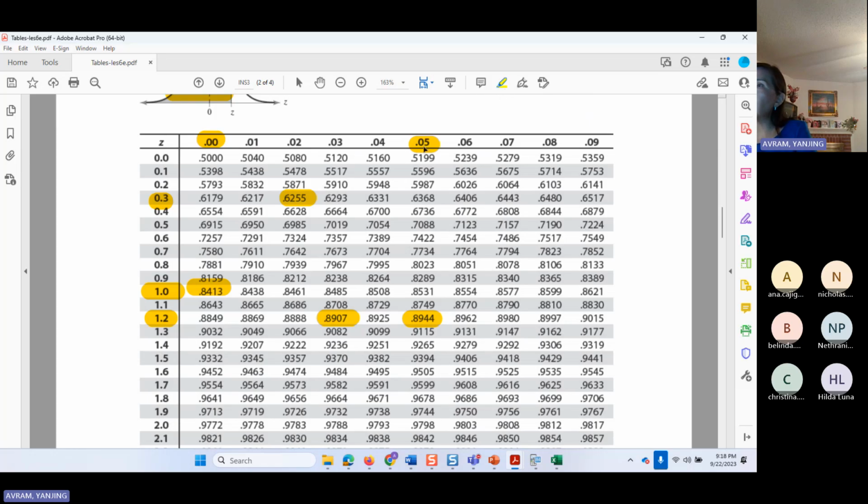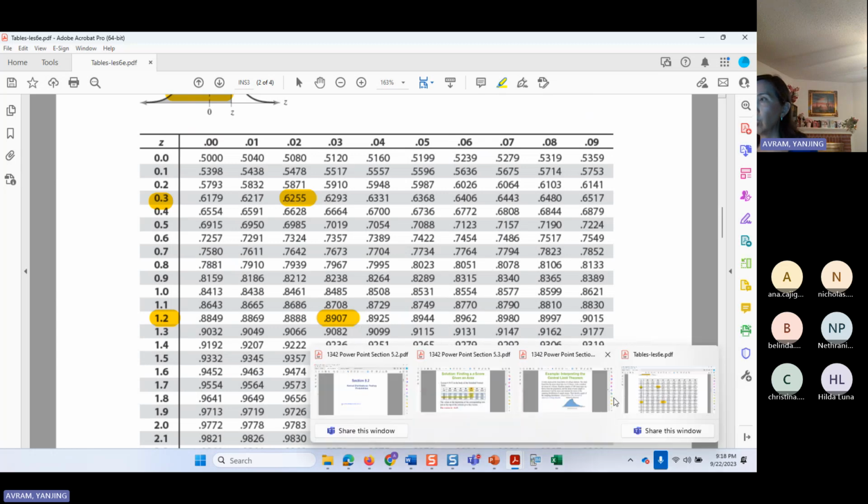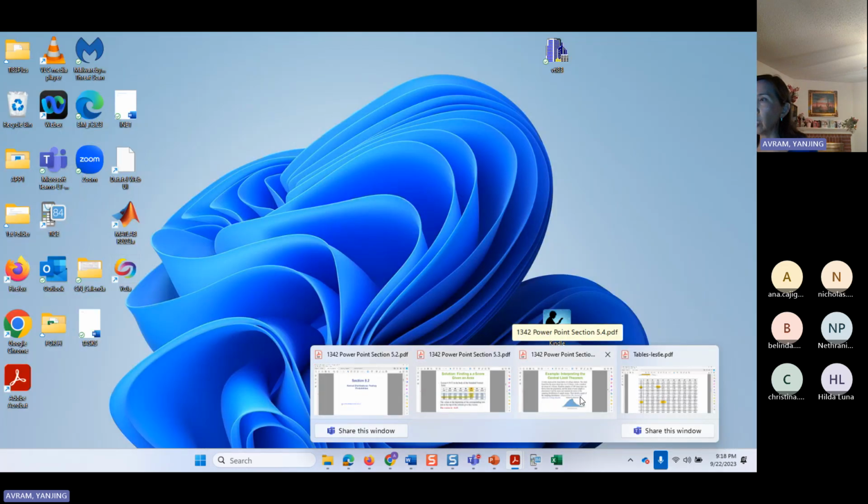But this question here is, if I'm giving you the probability, for example 0.8907, can you find a z-score? The answer is yes, right? If I'm giving you this one right here, you can go find, oh yeah, this is 1.2, and then that's 3, so that's 1.23. Okay, so a little bit of backward reading in here.